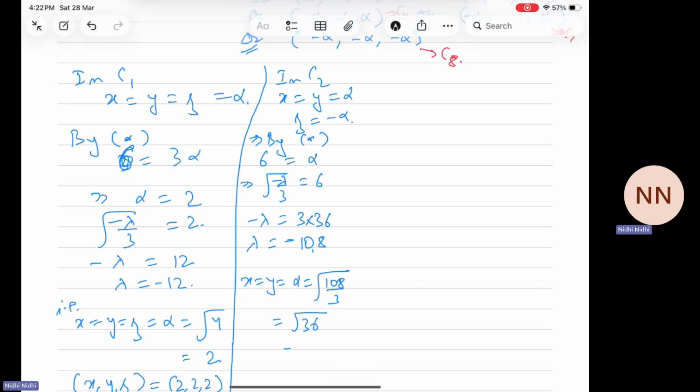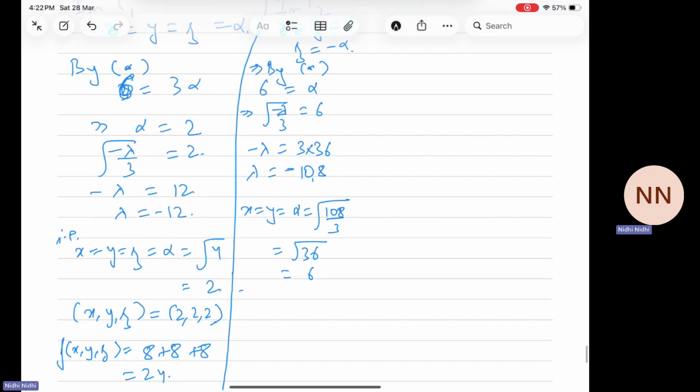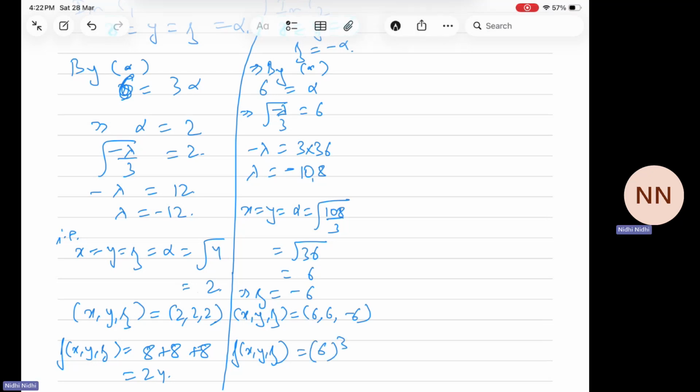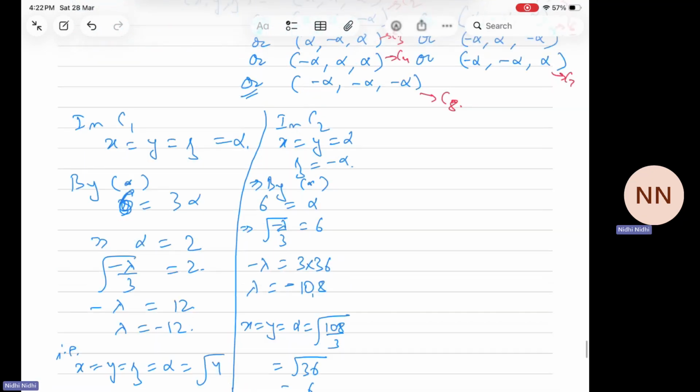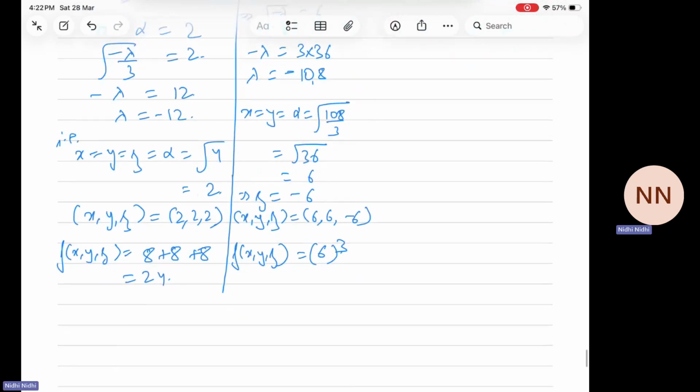So this is equal to 6, and z will be equal to minus 6. So the point will be (6, 6, -6), and in this case f(x,y,z) will be x cube plus y cube plus z cube, and clearly y cube and z cube will get cancelled out, so just the x cube. Yeah, 6 cube.